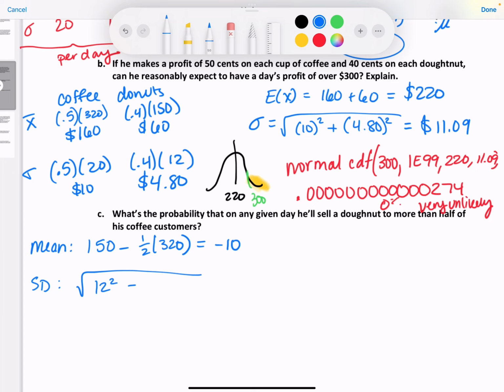It's supposed to be plus half of the standard deviation for the coffee customers, half of 20, and then that number is getting squared. And that comes out to be 15.62.